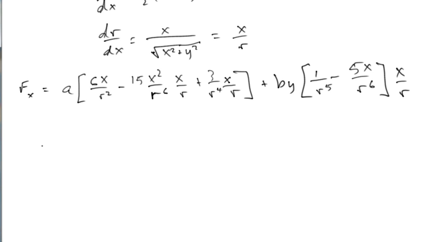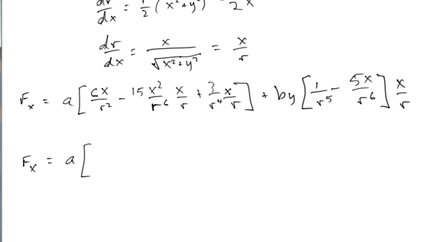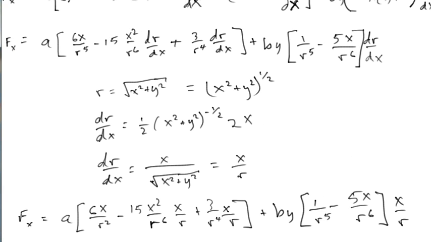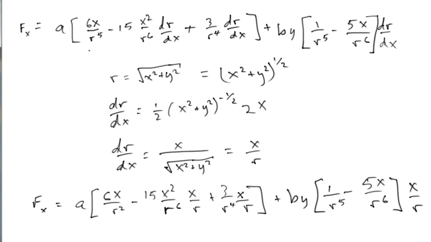And I think I'll try to simplify that a little bit more. It's fx equals a times, I have a 6x over r squared. I don't think that looks right. Let's see if that's a copy error right there.